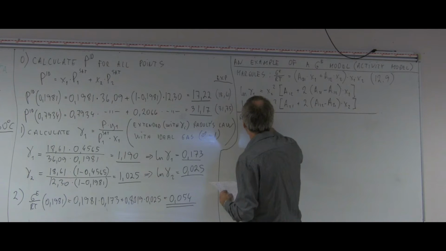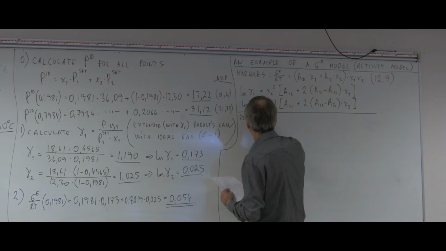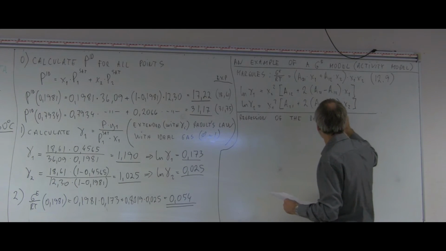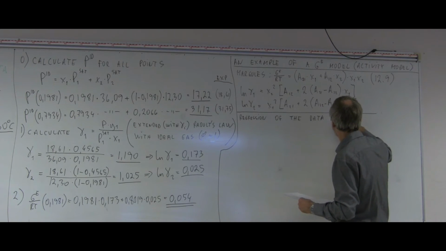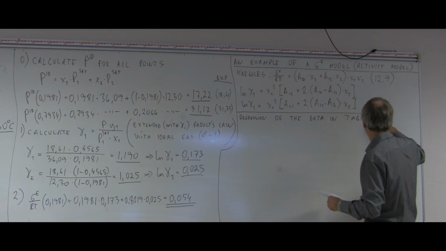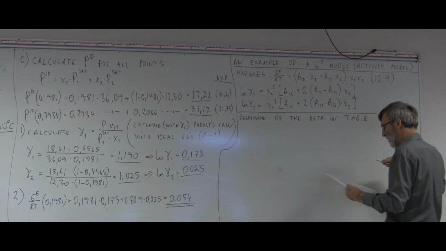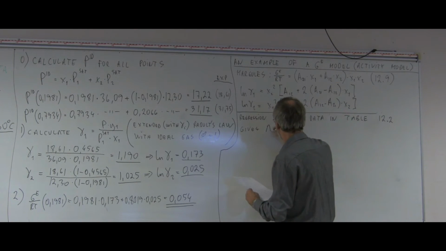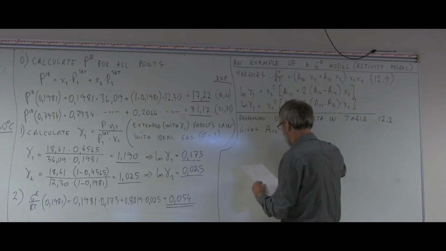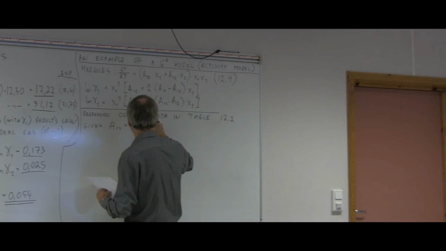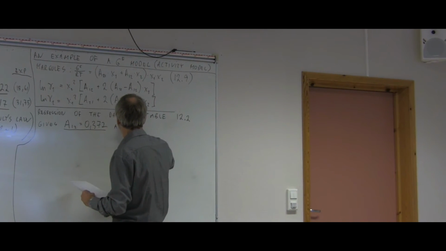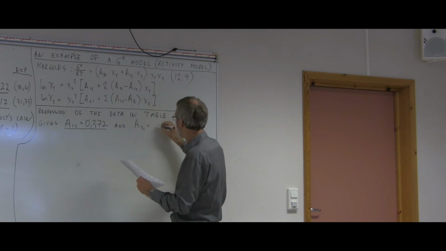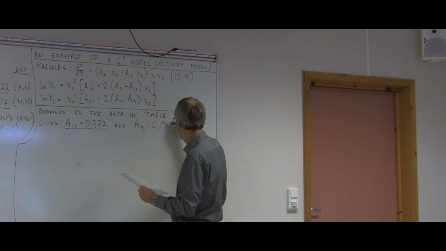Then regression of the data in table 12.2 gives A12 equal to 0.372 and A21 equal to 0.198.